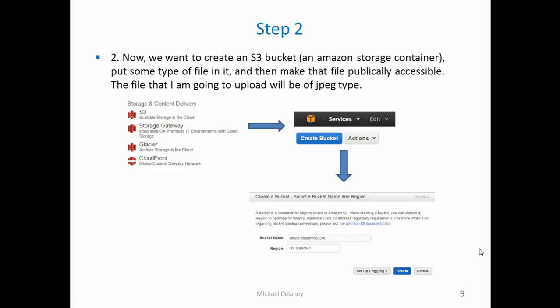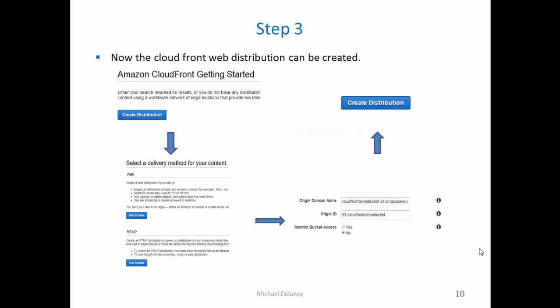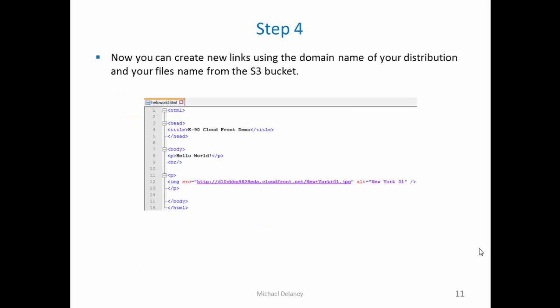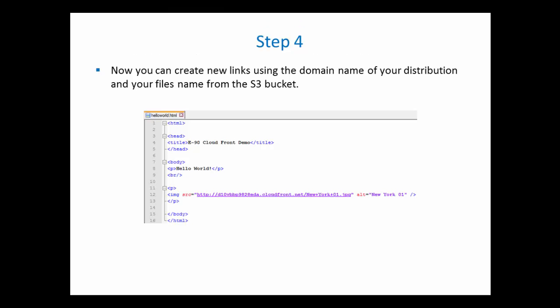I'm going to log on to Amazon, go to S3, create a new bucket under any particular name that I would like. Then I'm going to go to CloudFront, create a distribution, adjust the settings, click Create. Then I'm going to open my web page, edit my links of the image, and make a request to it via the browser. So now I'm going to log into the management console.